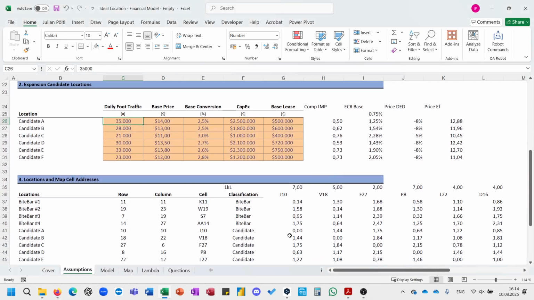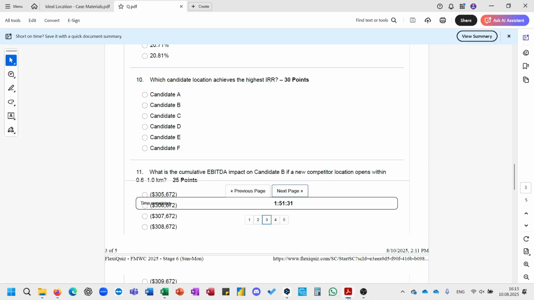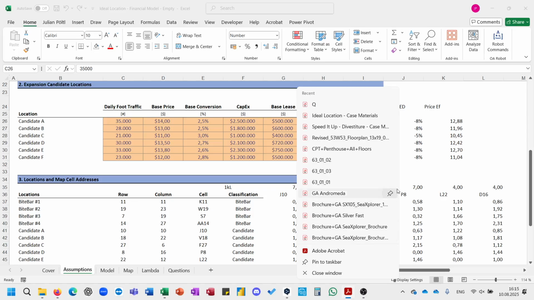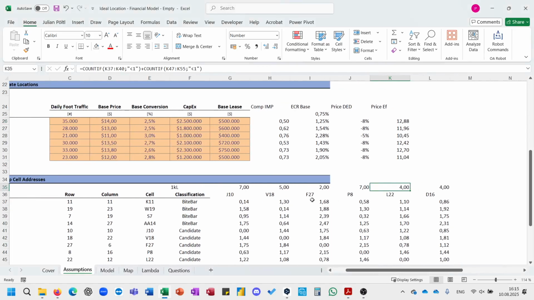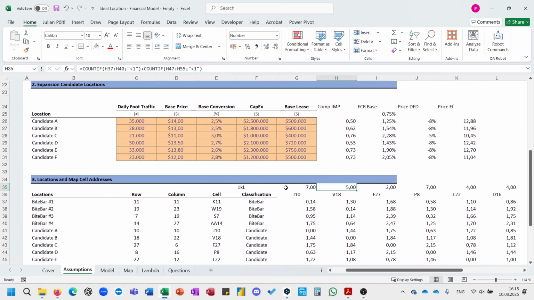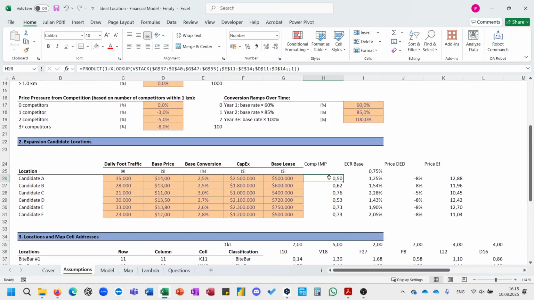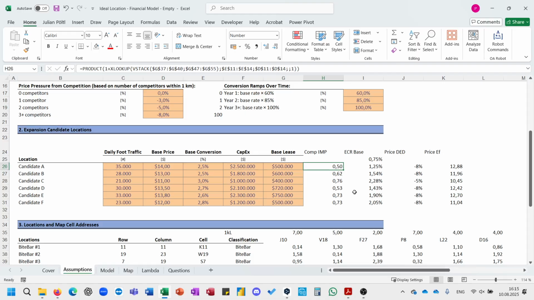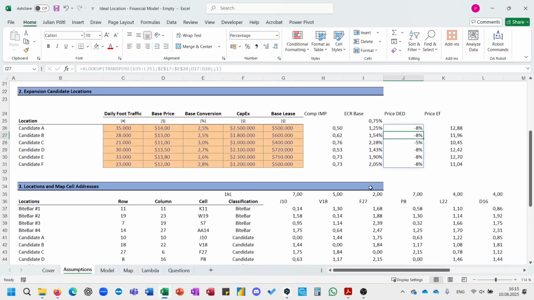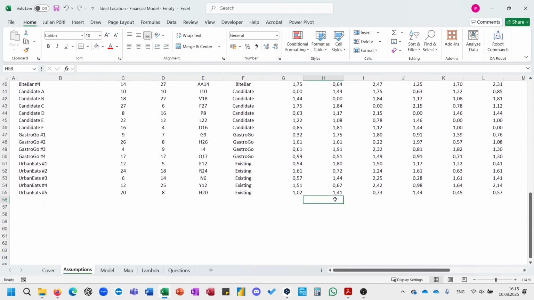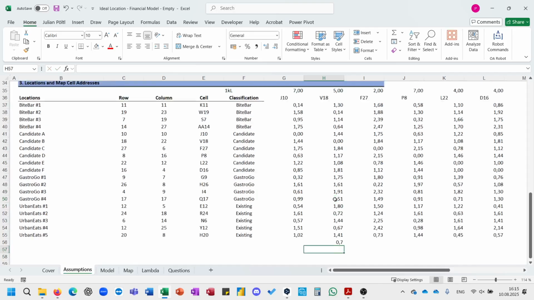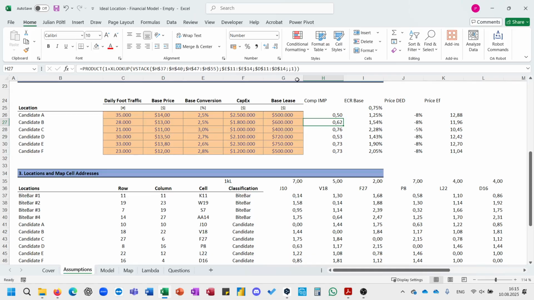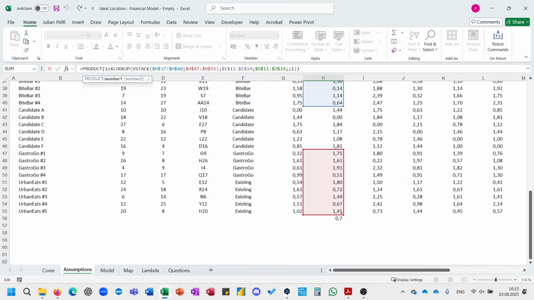So for candidate B, instead of 5 competitors, there would be 6, but it's kept for the price competitor impact within those boundaries. So here the price deduction is at 8% or will stay at 8%, and then I add a competitor at, I know, 0.7 kilometers and adjust this formula.